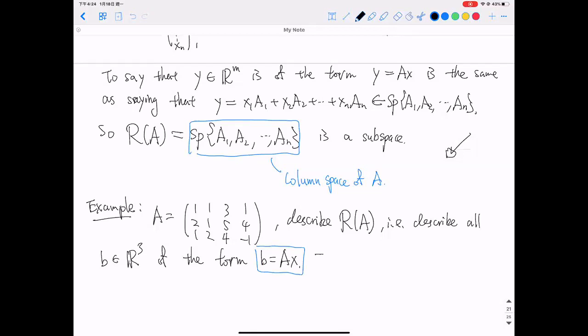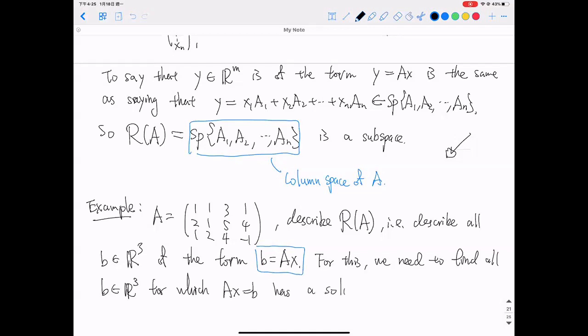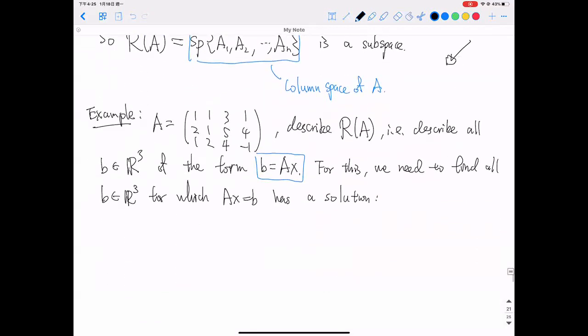So we need to find all b for which Ax equals b has a solution. And that we now know how to do.